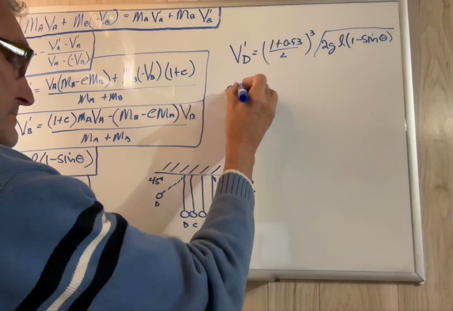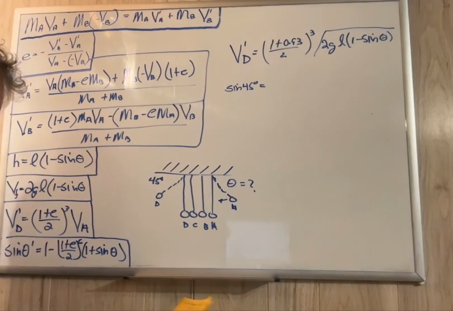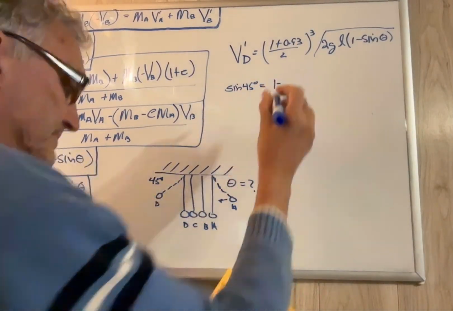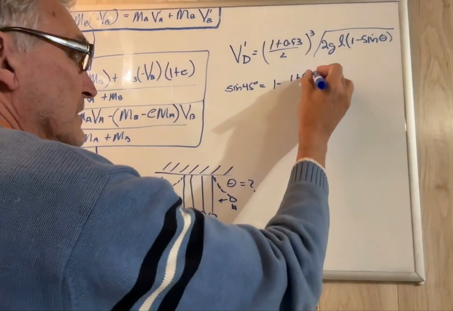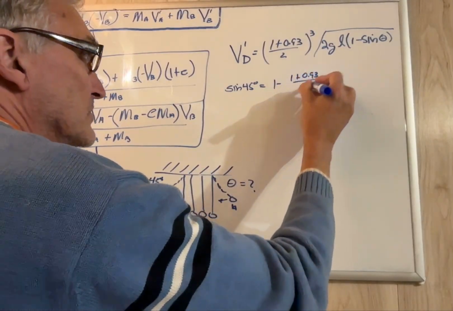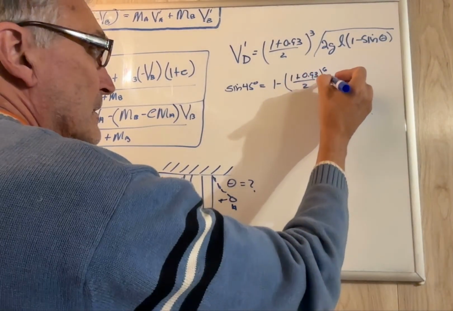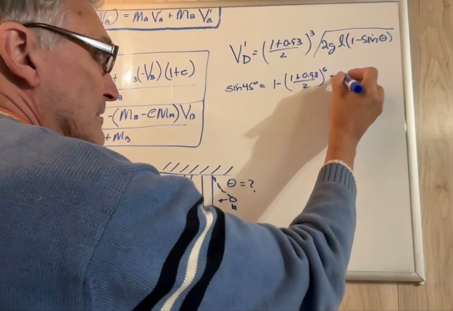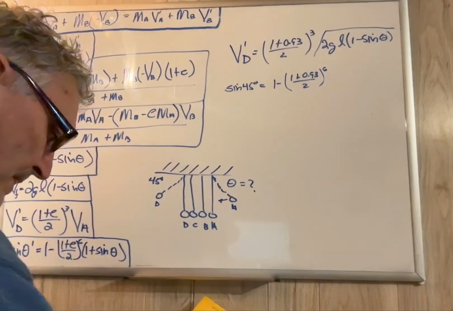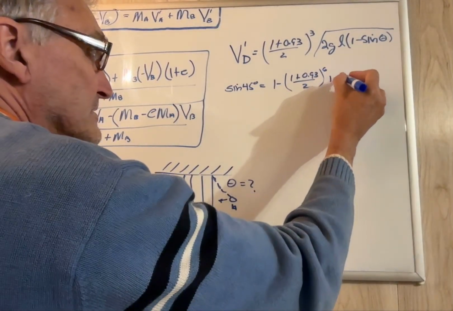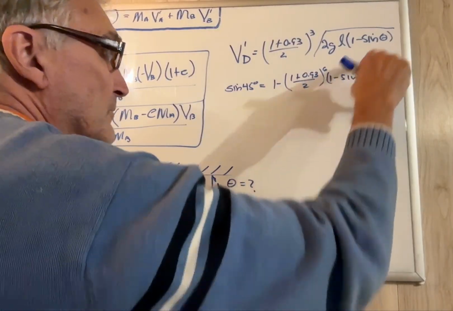So that sine 45 degrees is going to be equal to 1 minus (1 plus 0.93 divided by 2) raised to the 6 times 1 minus sine, and this is the sine we're looking for.